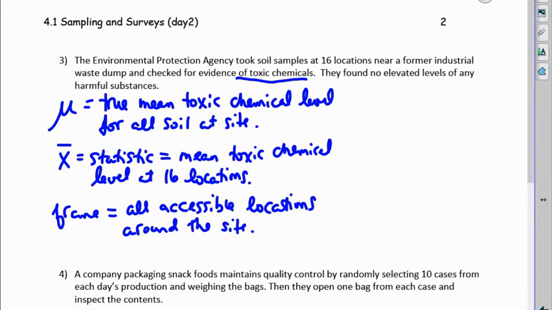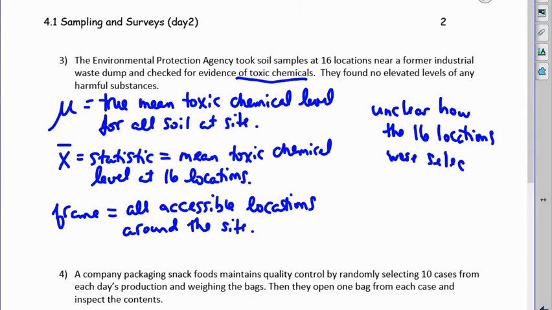But I don't know if I can really say if there's any bias here, because it's unclear how the 16 locations were selected. So I'm not going to report on any bias, because right now I have really no clear reason for this bias.